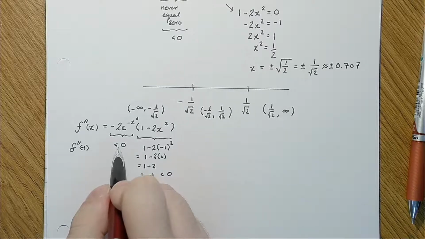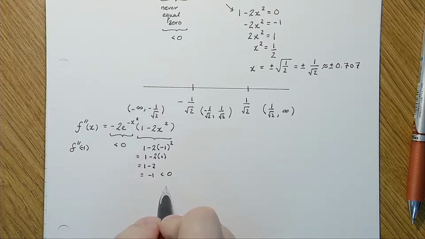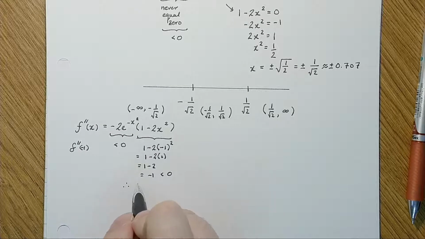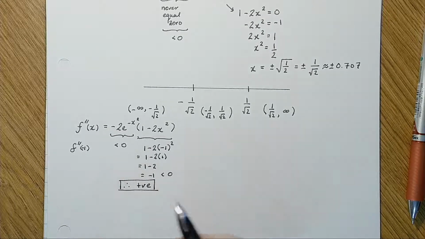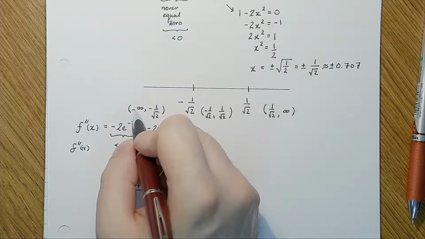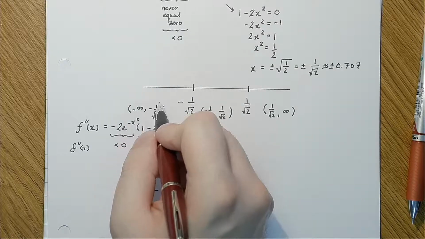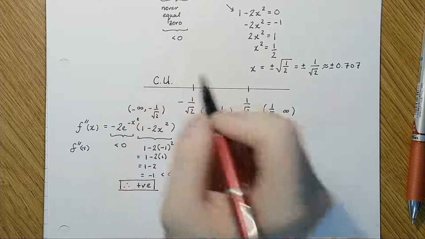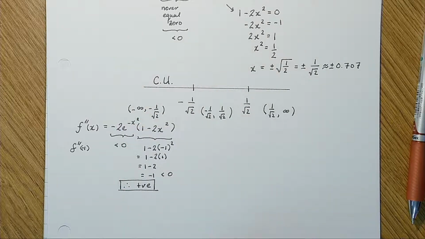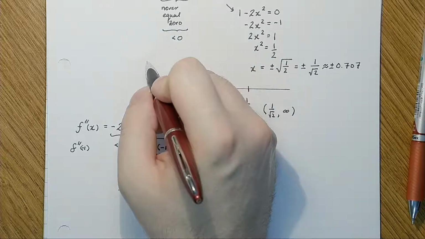So I have a negative times a negative, which means that this is positive. On this interval from minus infinity to negative 1 over root 2, this is concave up.